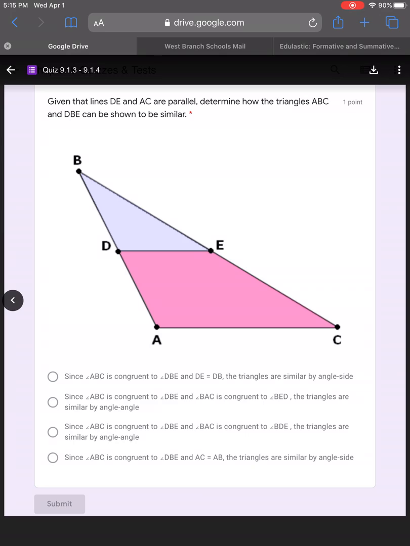Third one down, since angle ABC is congruent to angle DBE and angle BAC is congruent to angle BDE, the triangles are similar by angle. Or lastly, since angle ABC is congruent to angle DBE and AC is parallel to AB, the triangles are similar by angle side. And remember, when they talk about angles being congruent, that would mean the same measurement.